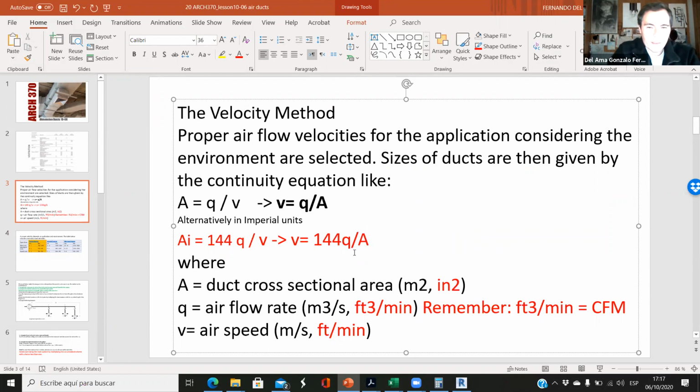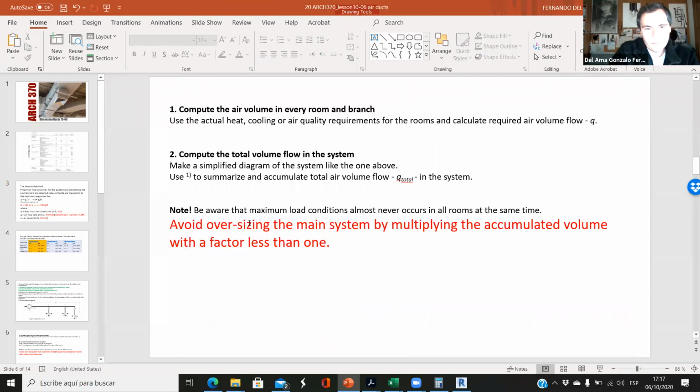We can either calculate the speed or the area. If we know the speed, we can see what area we need. So let's do this with the formula.